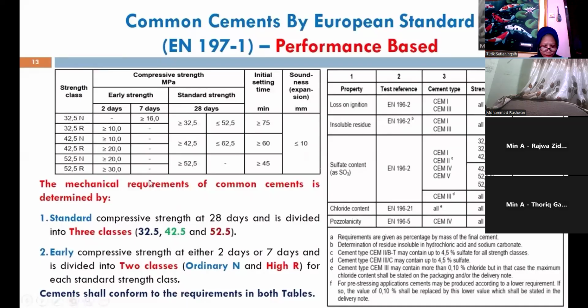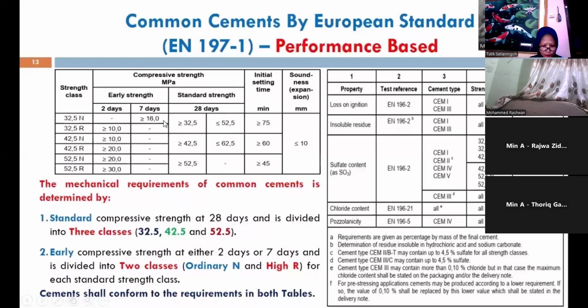According to the compressive strength, there are three main classes: 32.5, 42.5, and 52.5. This is according to the standard compressive strength at 28 days.